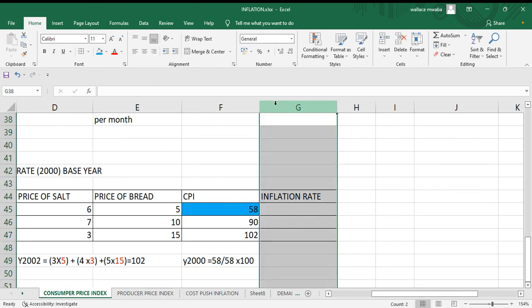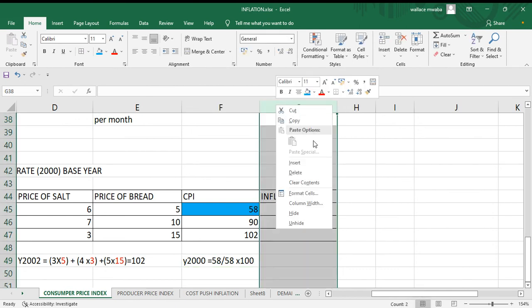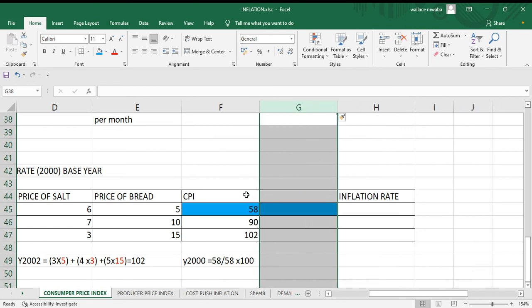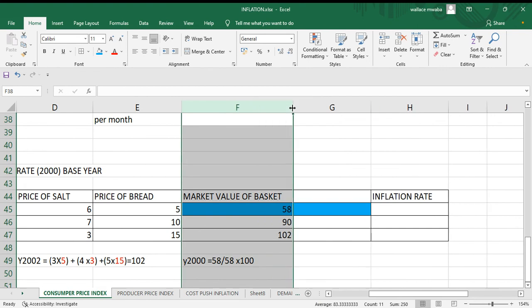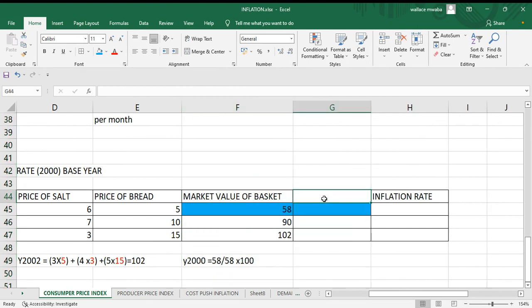This is the market value of the basket of goods and services. The CPI here is 100.